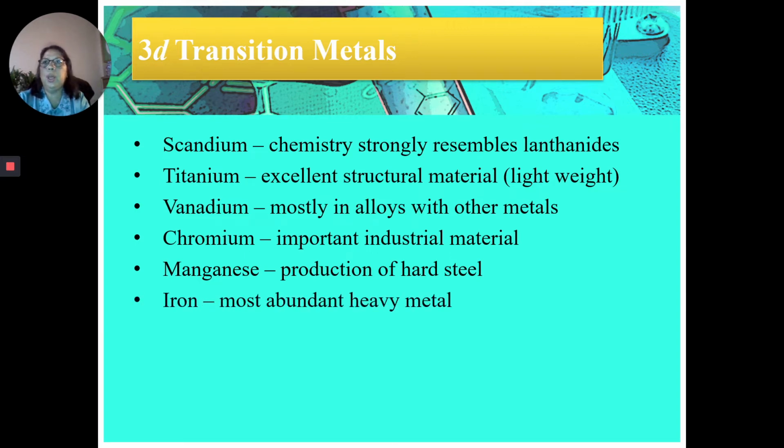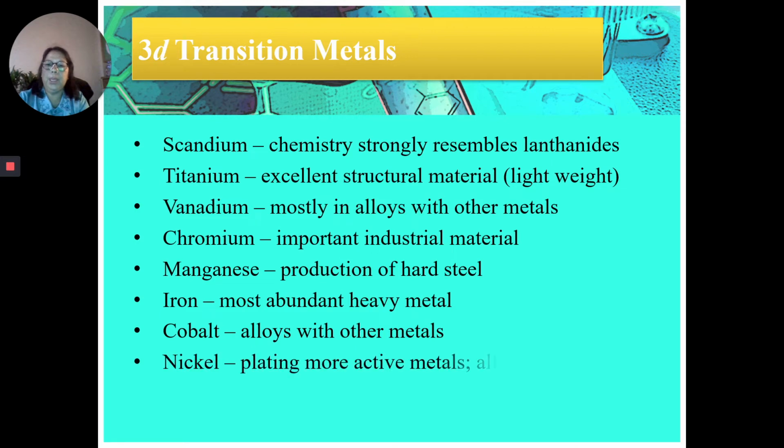Iron, I'm sure you have seen iron. Iron is everywhere, no? That does not include the medicine that you are using, the one in the blood. Well, that is still part of the chemistry of blood. Iron is the most abundant heavy metal. Cobalt alloys with other metals.